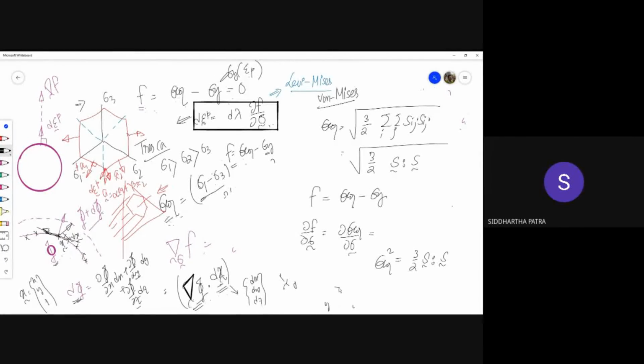So I can write twice sigma equivalent del sigma equivalent del sigma is del sigma of this quantity.